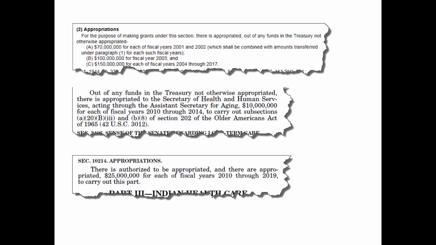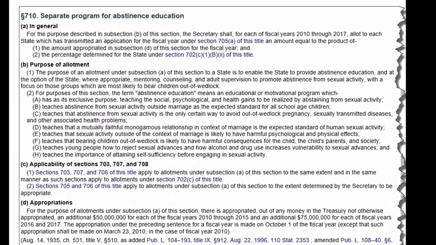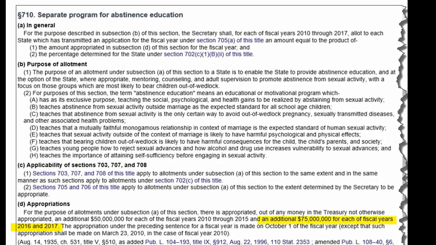What other factors might support this conclusion? We've pointed out in several other period of availability examples that context is crucial. Look at the programs the funds are appropriated for. If the appropriating language is written in such a way that funds could not be obligated after 1 year, the funds should be considered annual. As an example, let's take a look at the abstinence education program. Note the appropriation language in paragraph D, an additional $75 million for each of fiscal years 2016 and 2017.